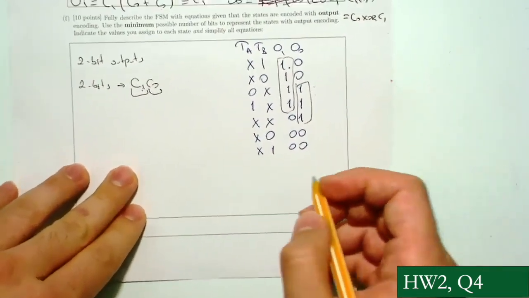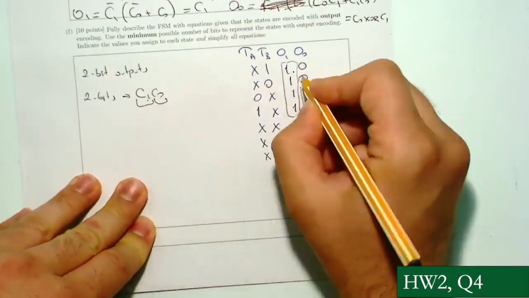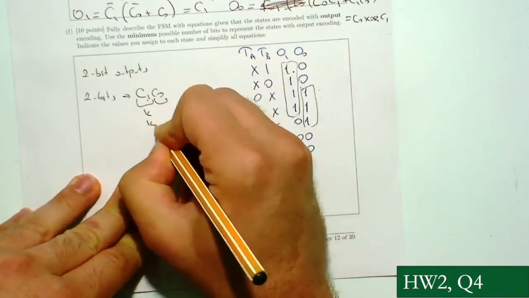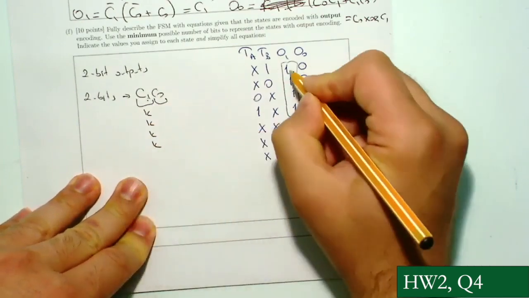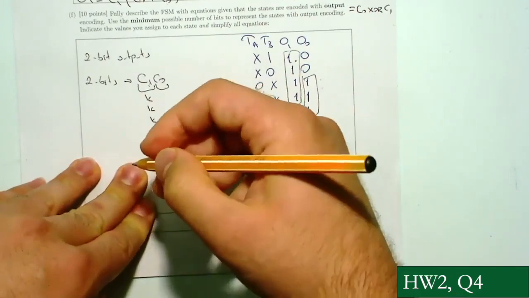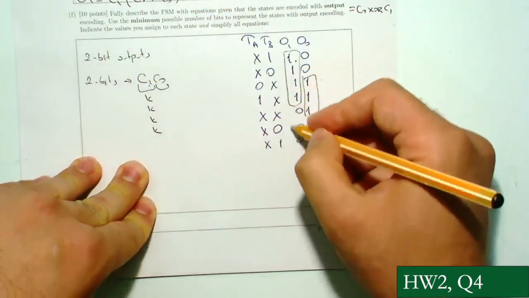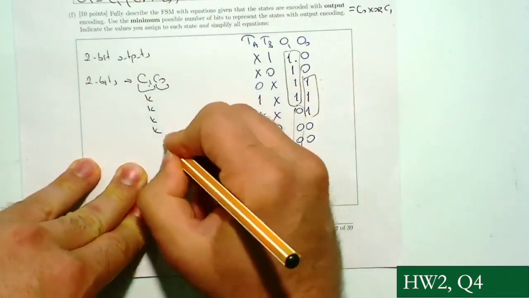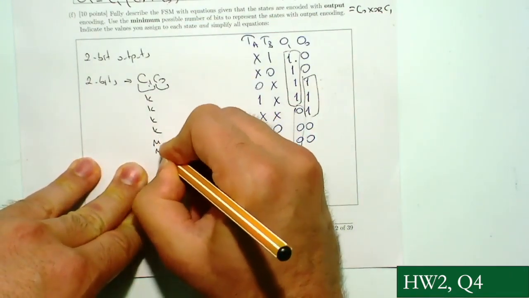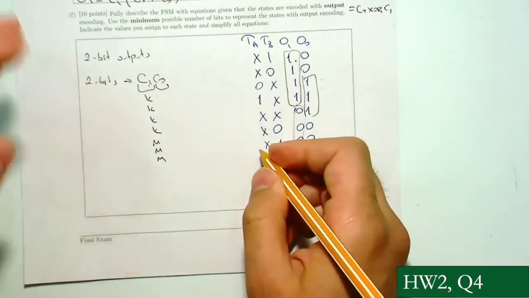You can write it as follows. For C1, I want to have the same bit when O1 is 1, for the first 4 rows. Then I don't want the same bit, which is K, for the remaining rows when O1 is 0, so I will have M's here. So I'm not writing 1 or 0, but K and M's.